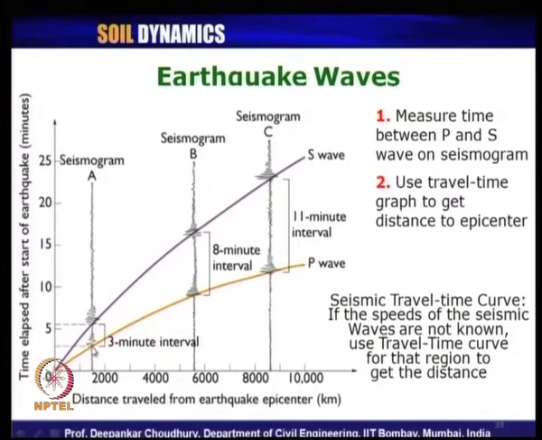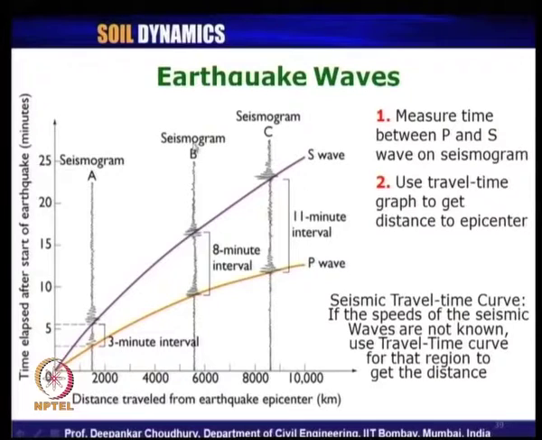And this is the arrival time of the P wave, then after some time the S wave starts arriving in seismogram A. So, this is the time interval. For example, let us say a 3-minute interval between the arrival time of P wave and S wave for seismogram A located at one point.